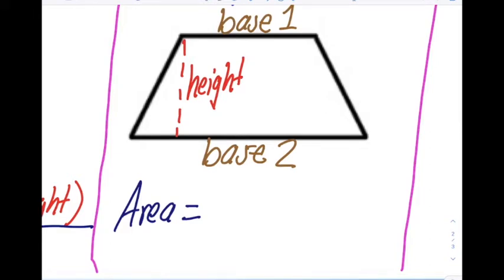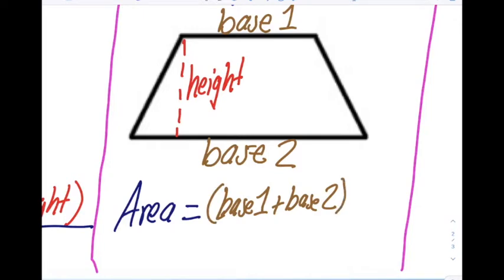We're going to add the bases together because it's not only one base, it's two bases, everybody. There's base 1 and base 2. So base 1 plus base 2, right? And we're going to divide this by 2.